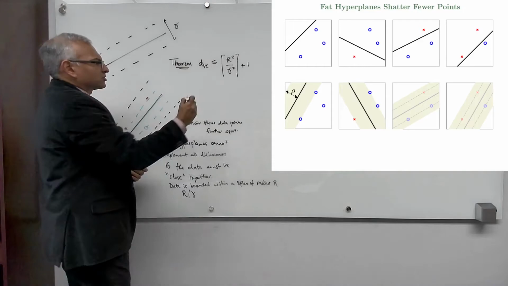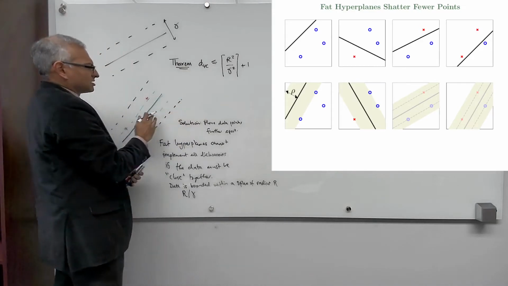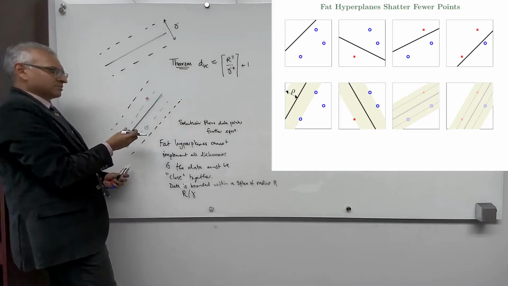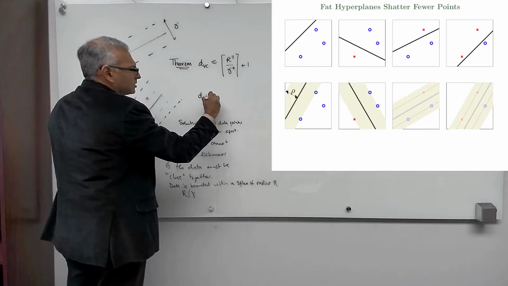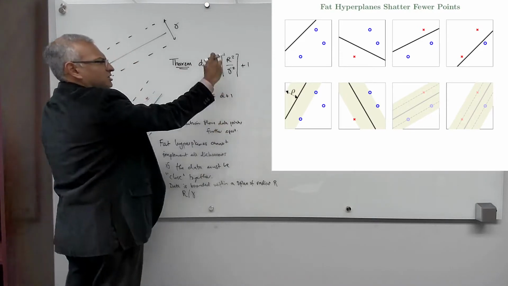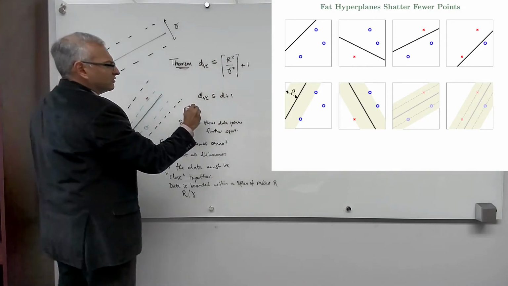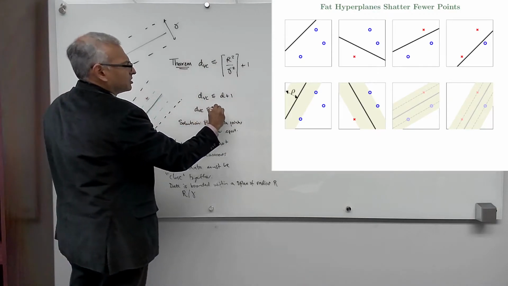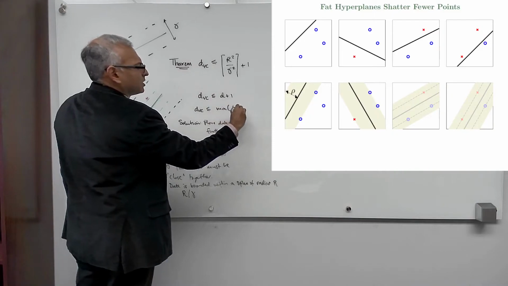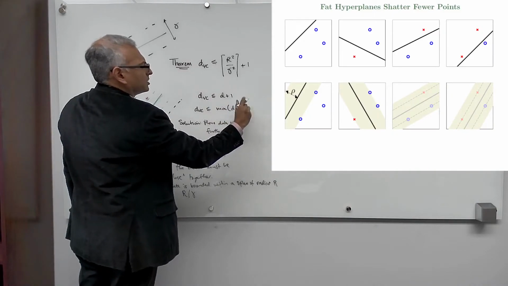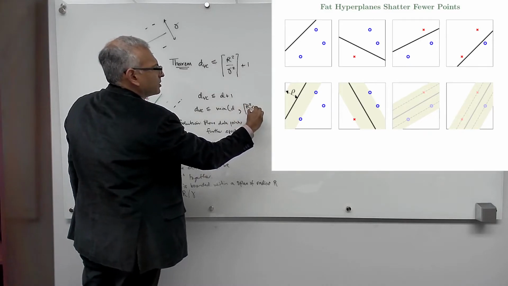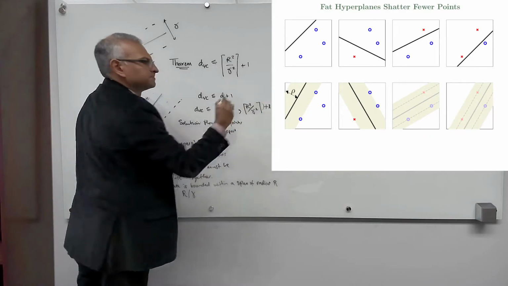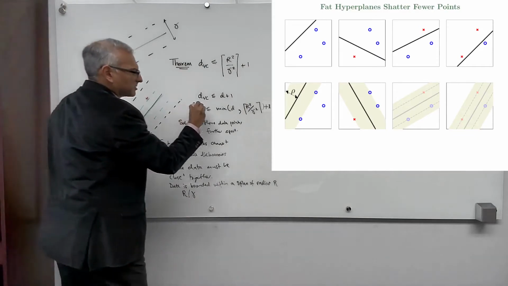Now, of course, we also know that the VC dimension for hyperplanes, even if they have zero thickness, is at most d plus 1. So you can certainly take the minimum of these. So the VC dimension is at most the min of d and r squared over gamma squared, plus 1. So this is the theorem.